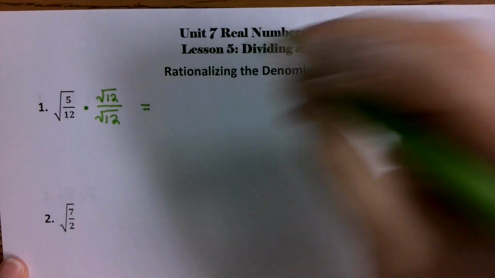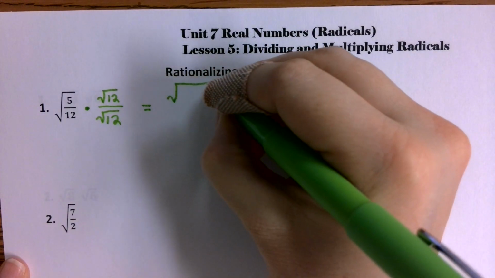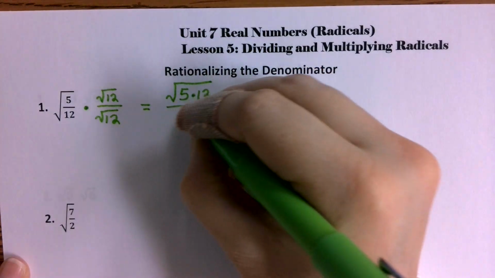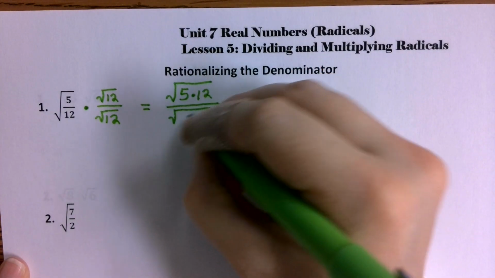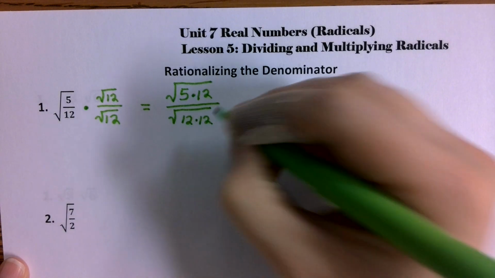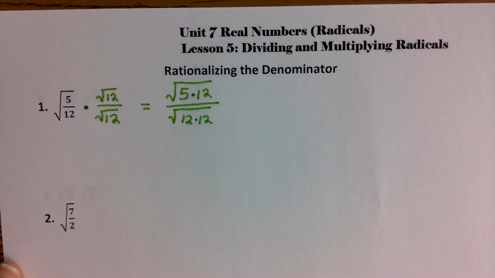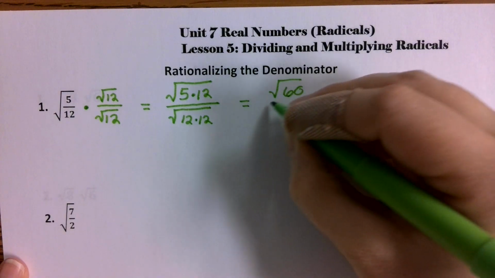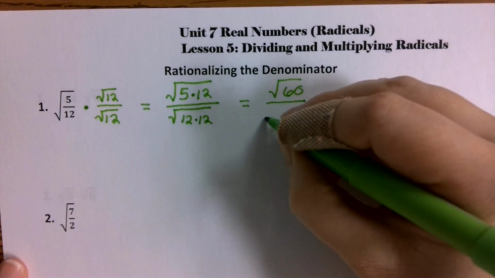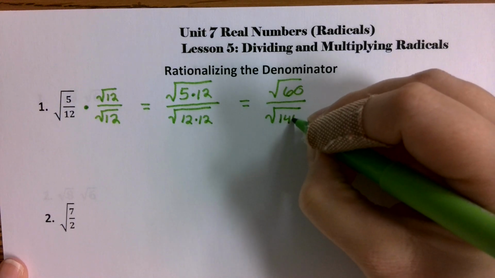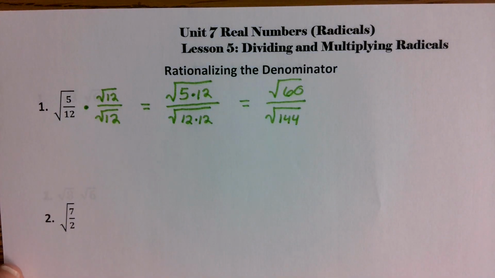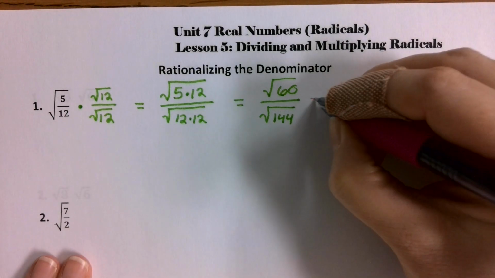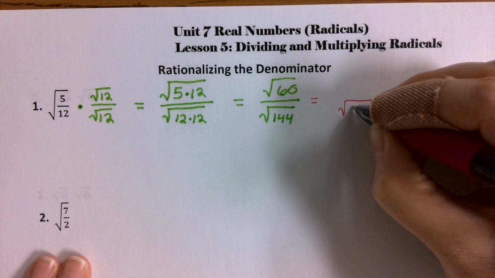Okay, so what this looks like is me multiplying 5 times 12 for the top, and then 12 times 12 for the denominator. That gives me the square root of 60 over the square root of 144. We've now created a perfect square, right? Square root of 144 is a perfect square.